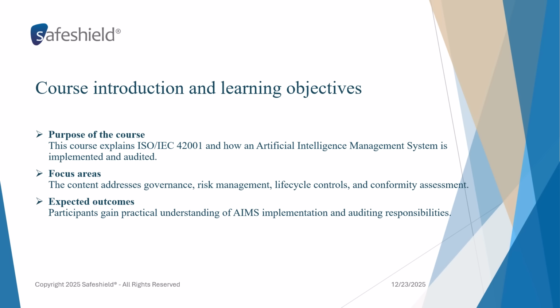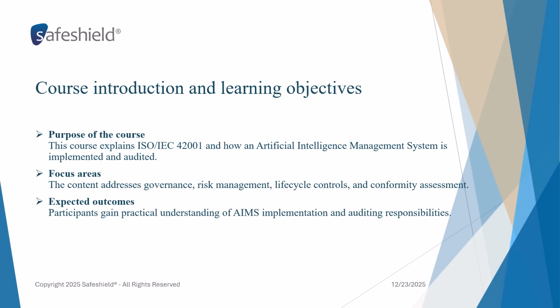and certification readiness activities. By the end of this course, participants will understand the structure and intent of ISO 42001, the key components of an AIMS, and the roles and responsibilities involved in effective AI governance.